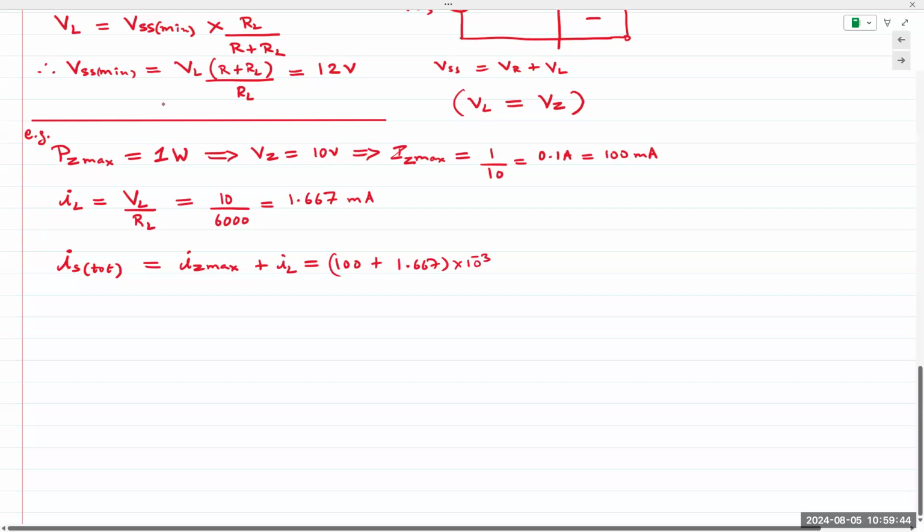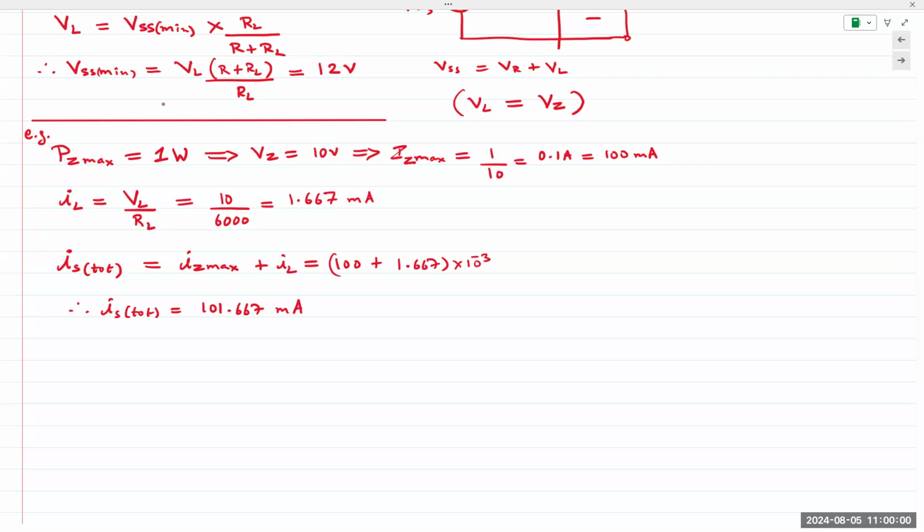And so this comes out to be 101.667 milliamps. So my total IS from the supply cannot exceed this value.